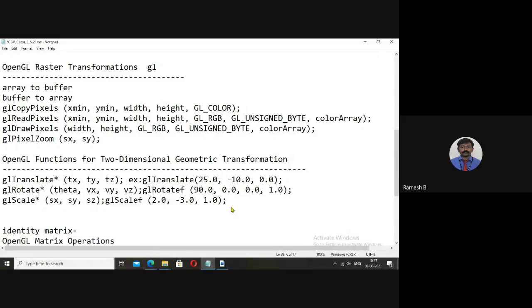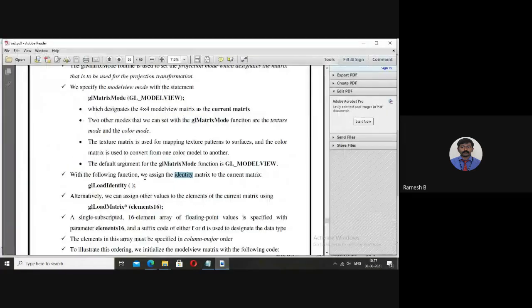For some operations, we need to initialize a matrix with all ones. That kind of matrix is initialized by using GL load identity. This function fills identity matrix into the stack.